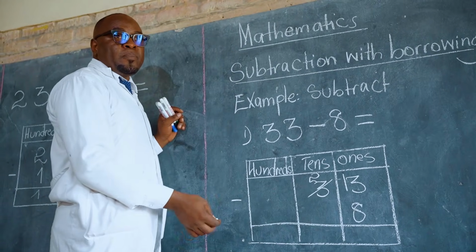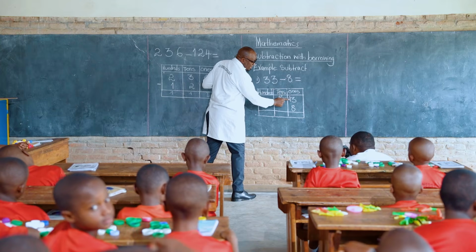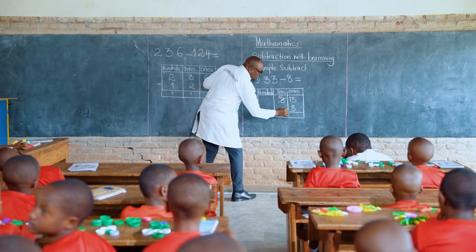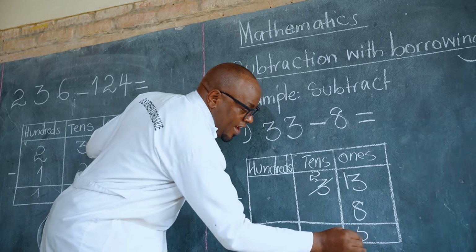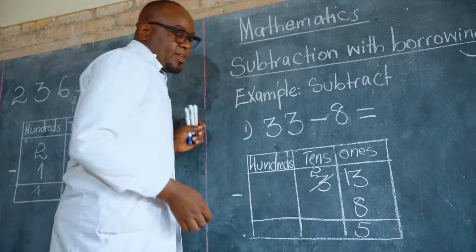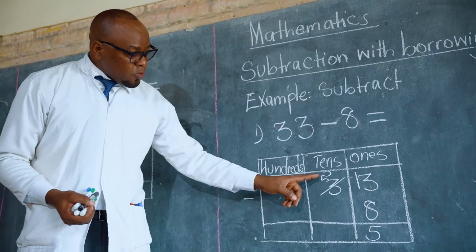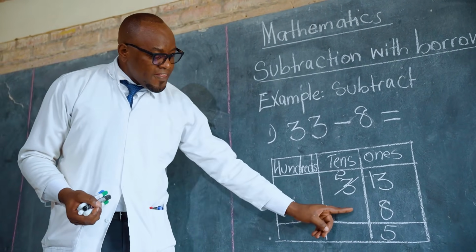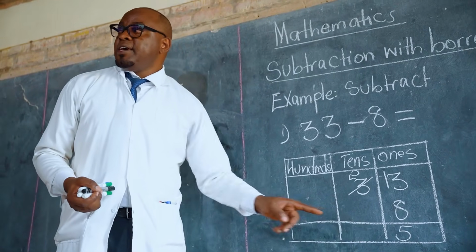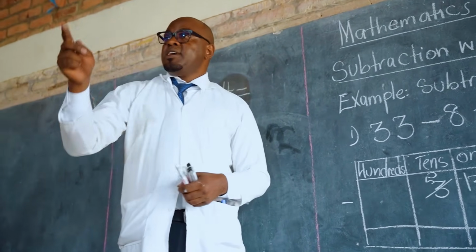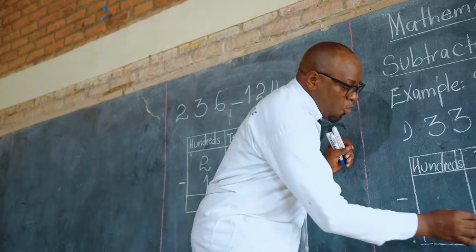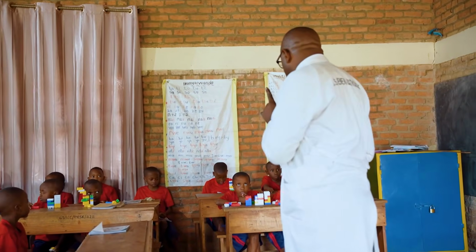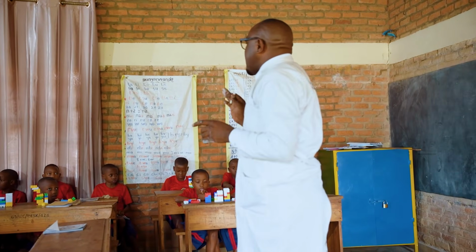That is 13. Benjamin got 13 minus 8, and his answer was 5. Then here we continue and say 2 minus nothing equals what? Equals 2. Correct. We are going to do our practices.